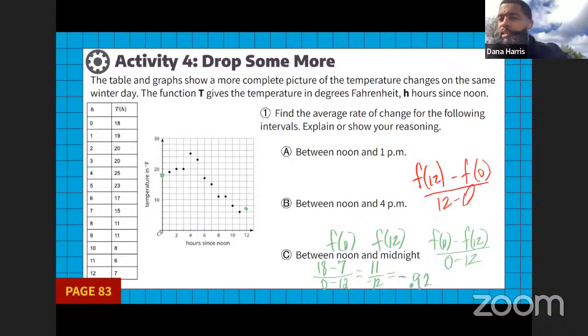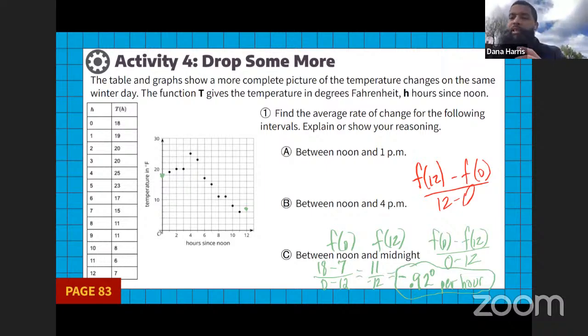It's 0.9166, but we're going to round that off. 0.92 degrees per hour. Okay. So what this is saying is that the temperature is decreasing by 0.92 degrees per hour.